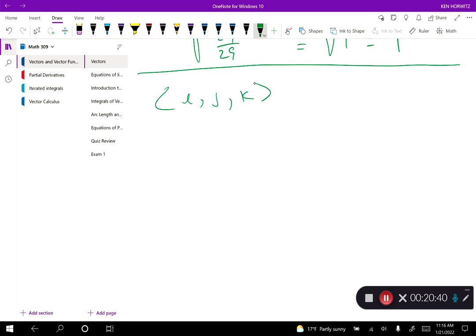So if I had an initial point, let's say my initial point was P of (2, -5). My final point was Q of (-1, 3).